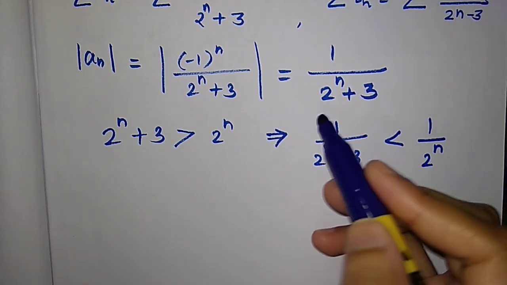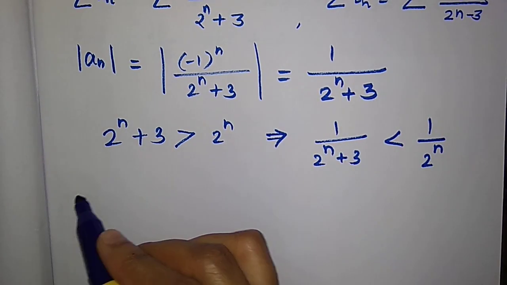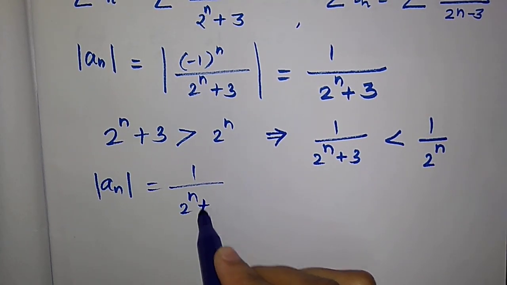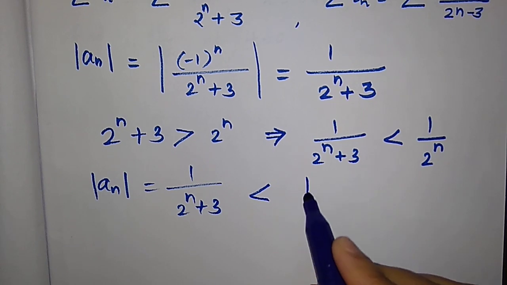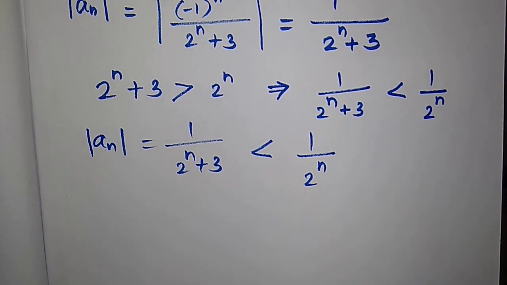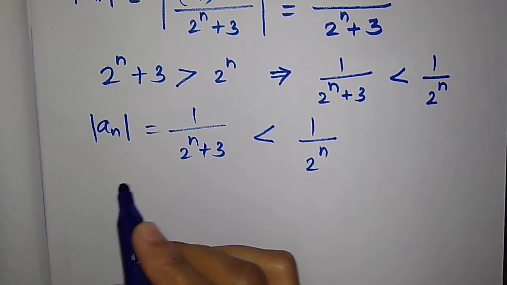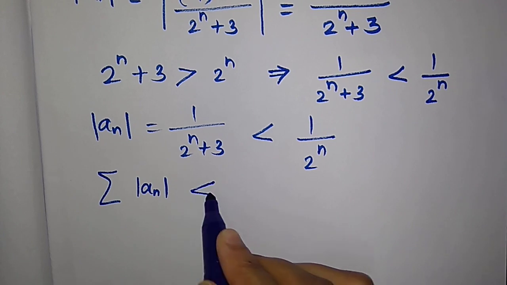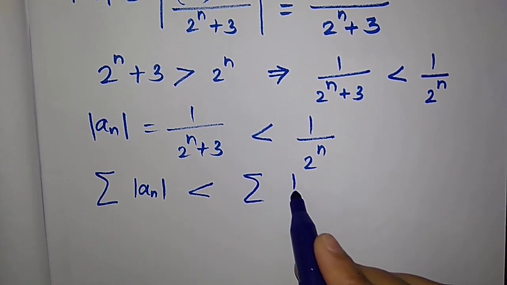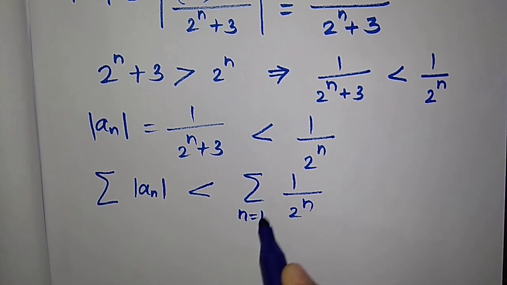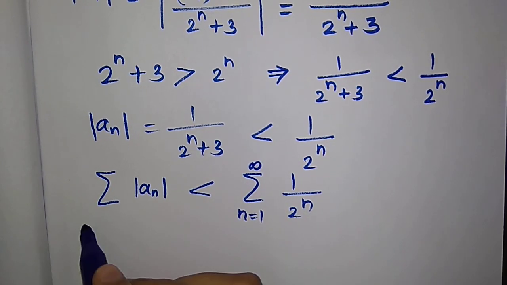So modulus of a_n, which is 1 by 2^n plus 3, is less than 1 by 2^n. When you apply summation on both sides, we get summation of mod a_n is less than summation of 1 by 2^n, where n varies from 1 to infinity.